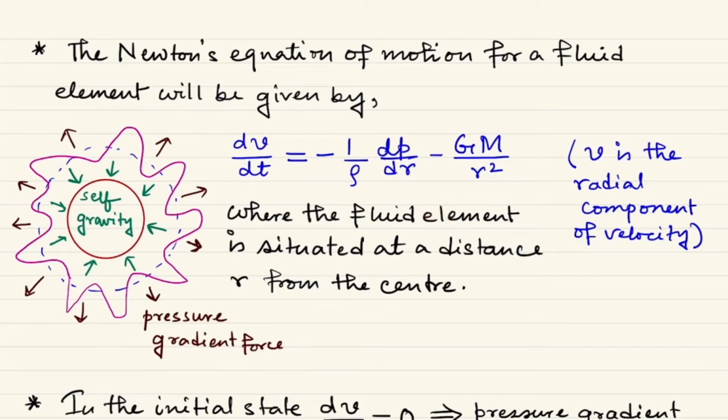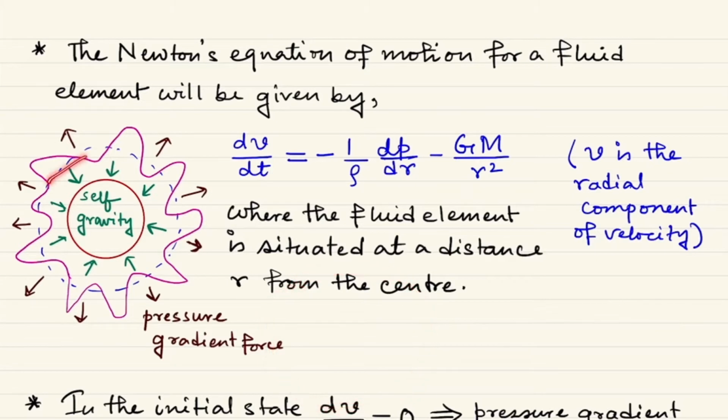So this is given, and minus GM by r square. This is the pressure gradient force, and this is the gravitational force due to self gravity. This equation is for a fluid element which is situated at a distance r from the center, and M is the mass of the star which is inside, situated from 0 to r, the whole mass.